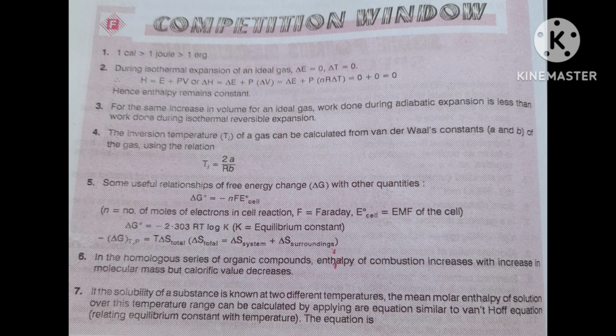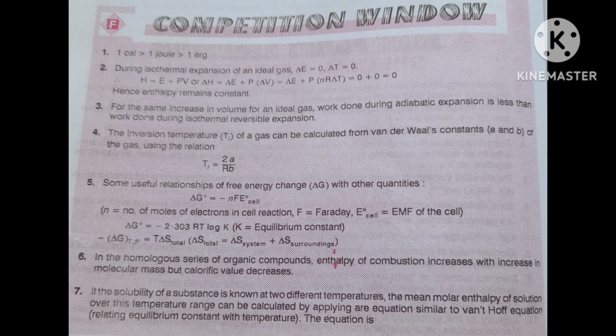Next important point, in the solubility of a substance: if the solubility of a substance is known at two different temperatures, the mean molar enthalpy of solution over this temperature range can be calculated. How? By applying an equation similar to the Van 't Hoff equation, relating equilibrium constant with temperature.